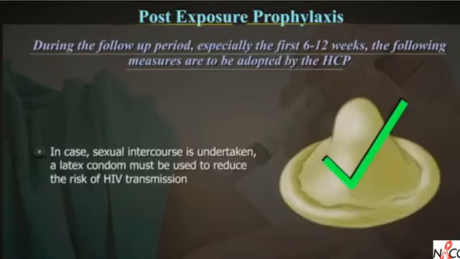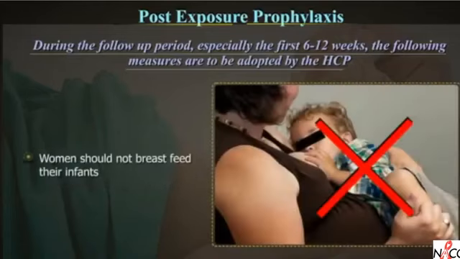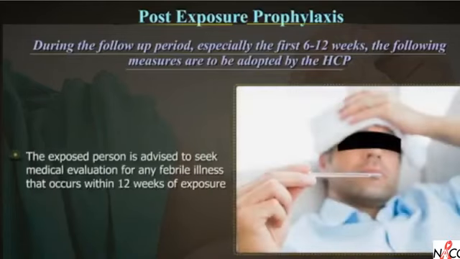In case sexual intercourse is undertaken, a latex condom must be used to reduce the risk of HIV transmission. Women should not breastfeed their infants. The exposed person is advised to seek medical evaluation for any febrile illness that occurs within 12 weeks of exposure.